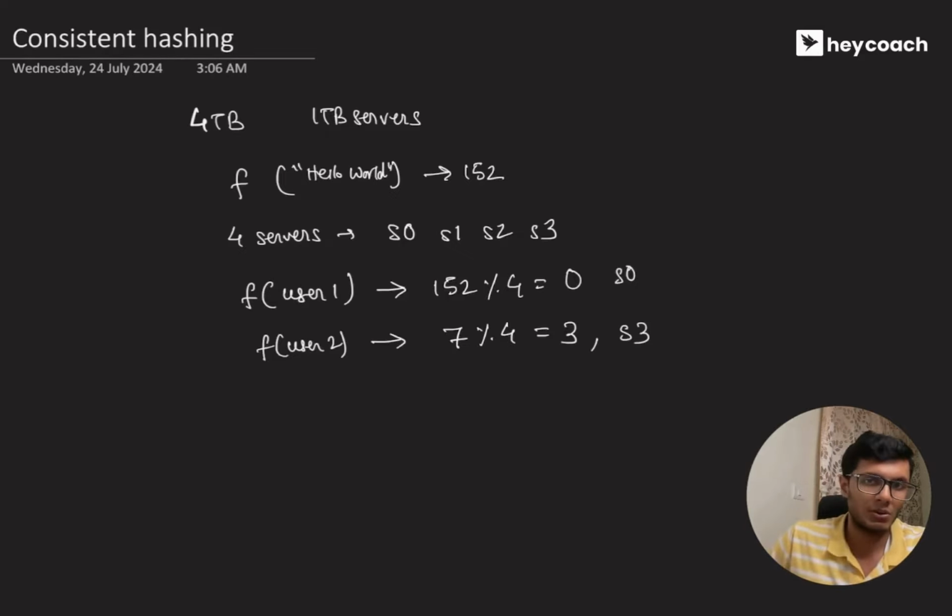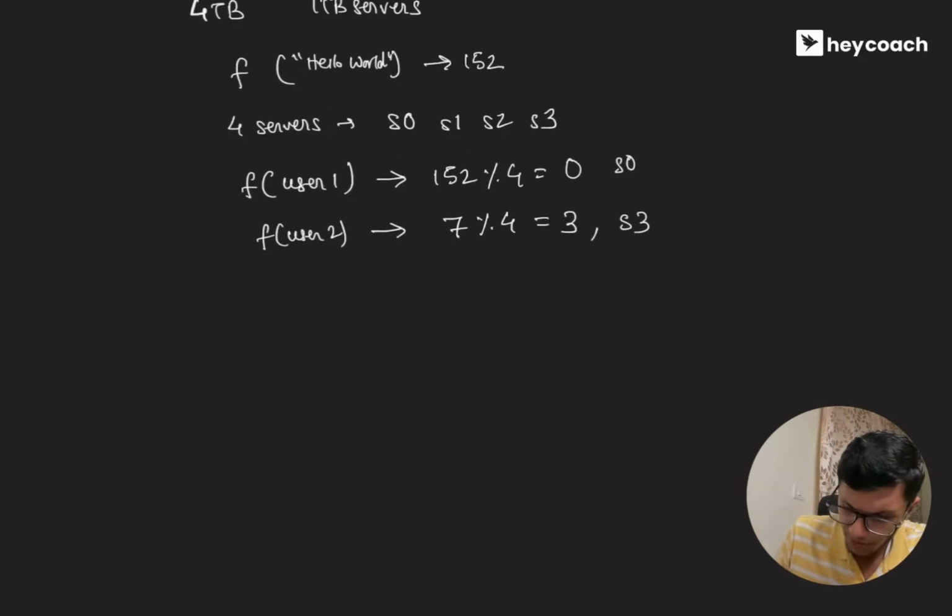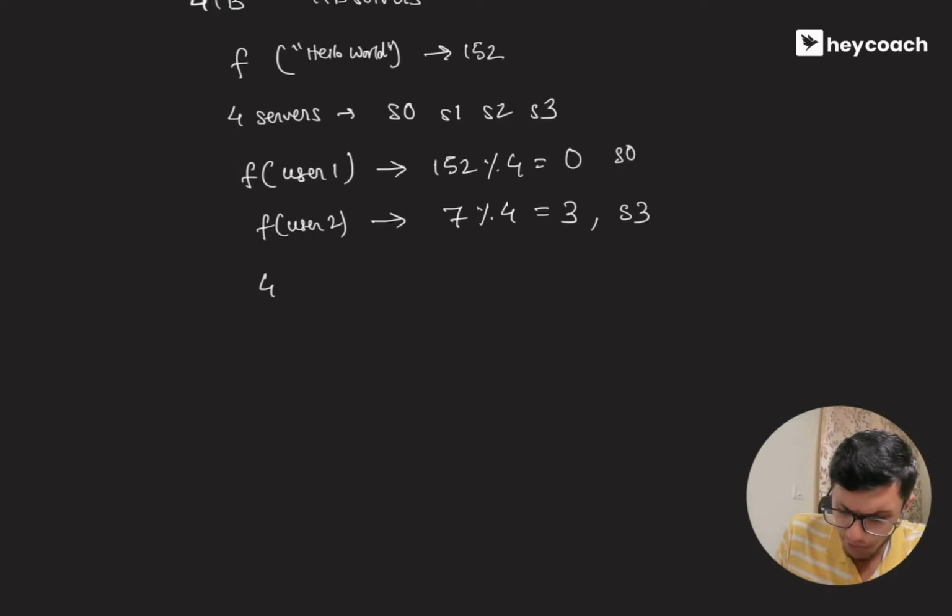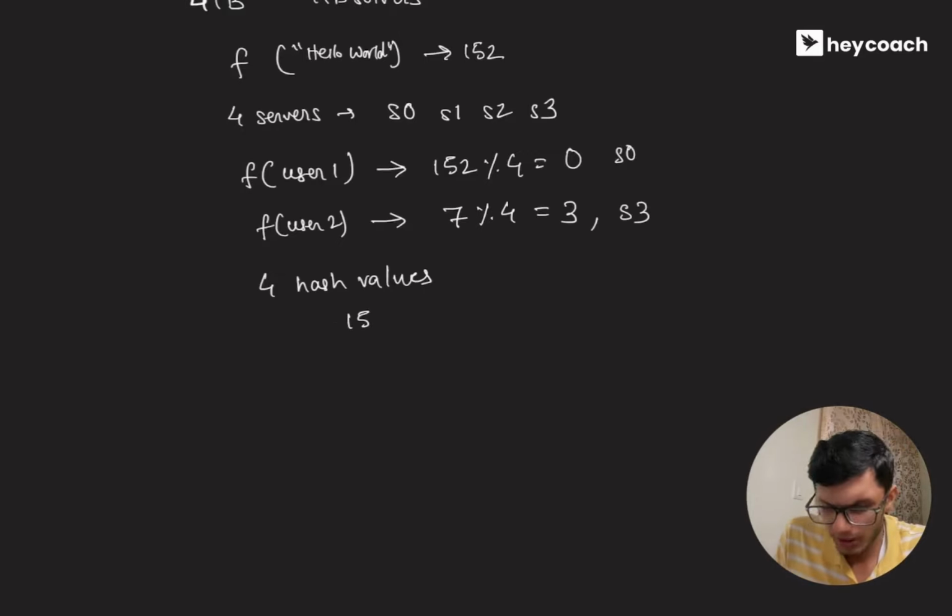Okay, now let's take an example. Let's say we have 4 hash values. The 4 hash values come out to be, for example, 152, 7, 81 and 18. I'm just taking 4 users randomly and then doing hashing. So now 152 modulo 4 would give me 0.